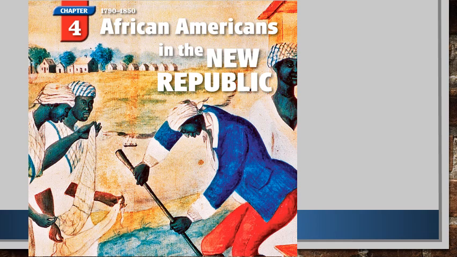Here is the fourth lecture in an overview of African American history, and this lecture primarily will focus on the antebellum period, particularly after about 1815 up to about 1830.